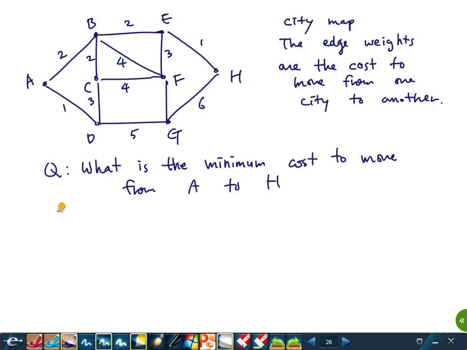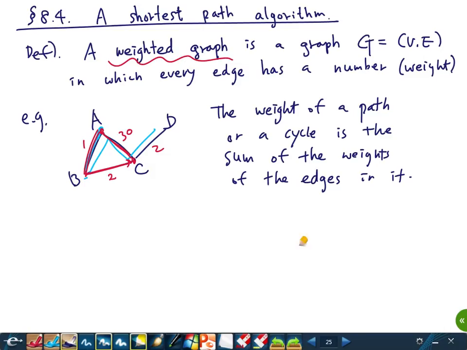In other words, find the weight, or did I say weight? Let's see. Weight also is called the length. If you have a weighted graph, the weight means length means the sum of the weights.